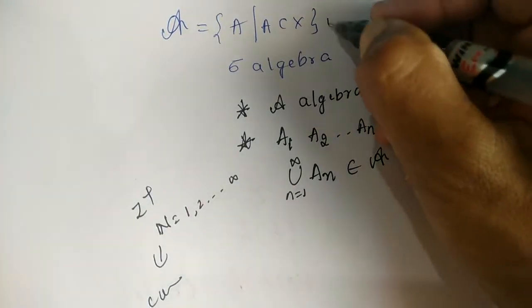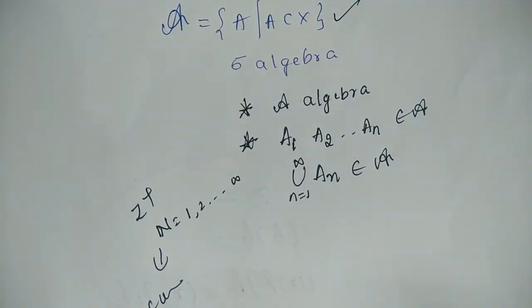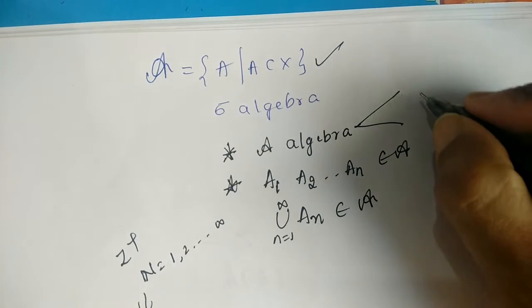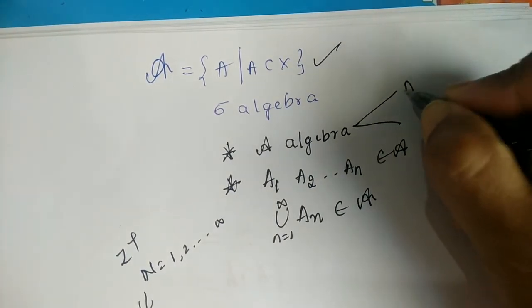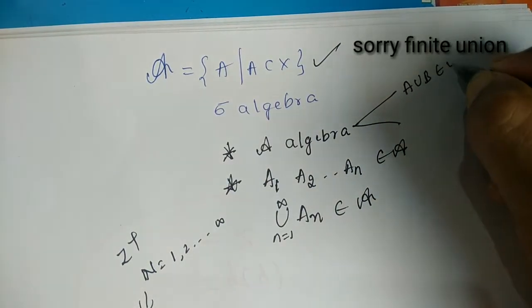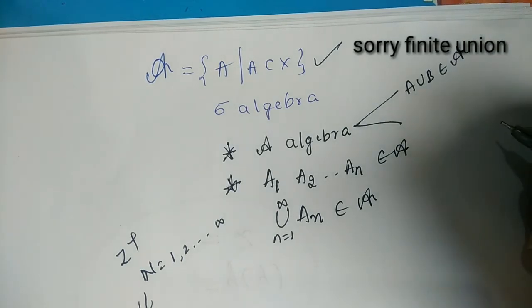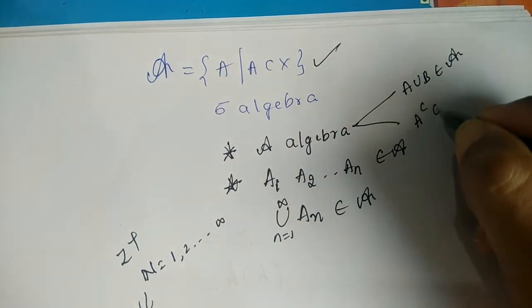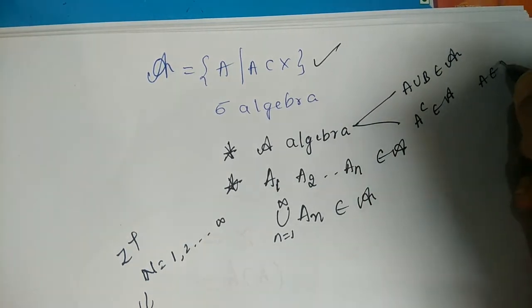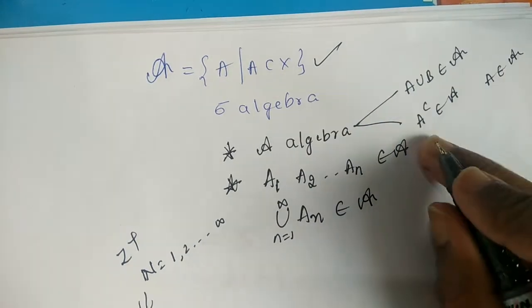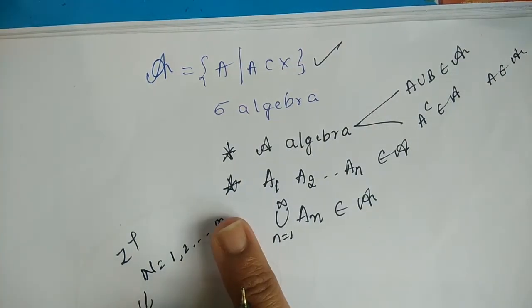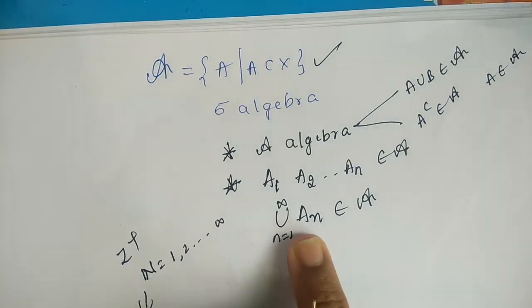So when we say that the collection A is a sigma algebra, that collection must be an algebra. Algebra means it satisfies two conditions. The first condition is that it is closed under union. If you consider two sets, then their union must be in A. And it is closed under complementation: whenever A belongs to A, its complement also belongs to A. And one more condition: it must be closed under countable union.